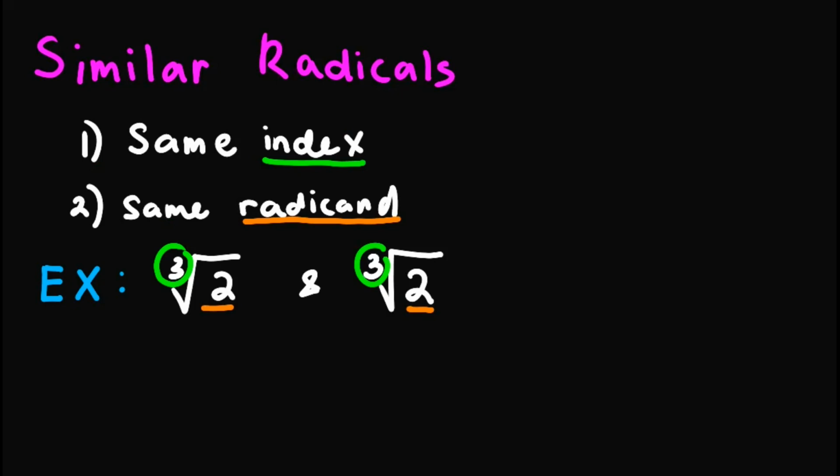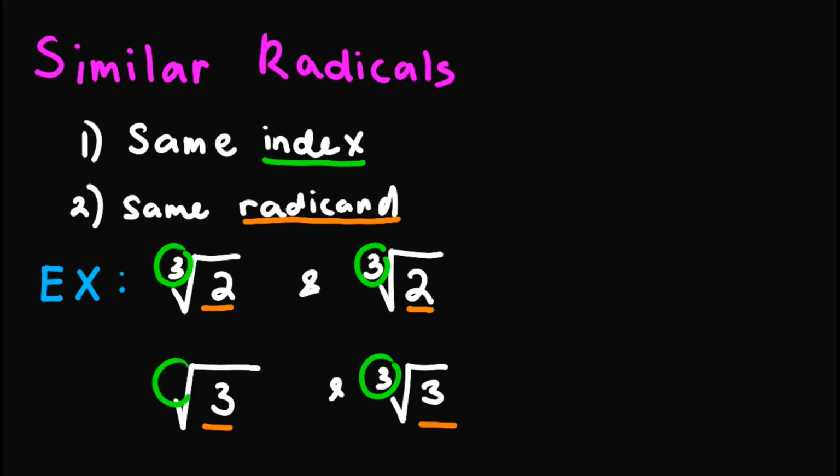If we have square root of 3 and cube root of 3, these two are not similar since although they have the same radicand, their index, here 3, in here since there's none, this must be 2. So these indices are not the same.